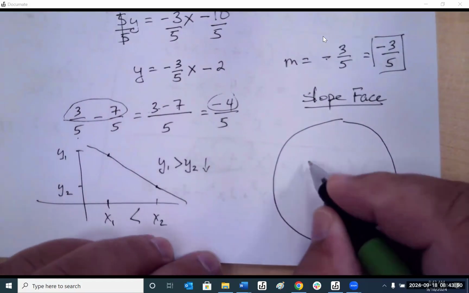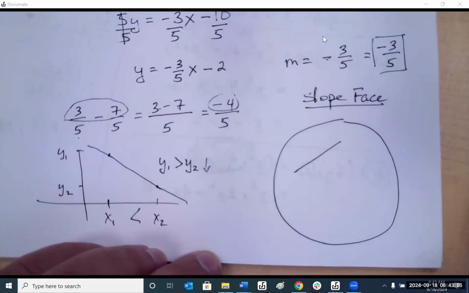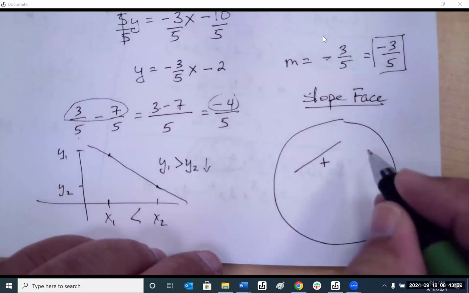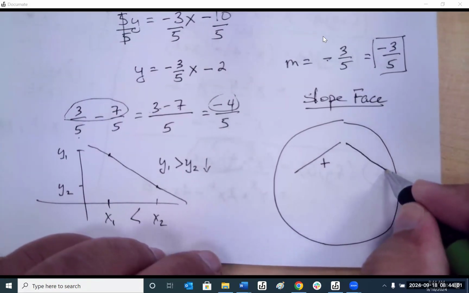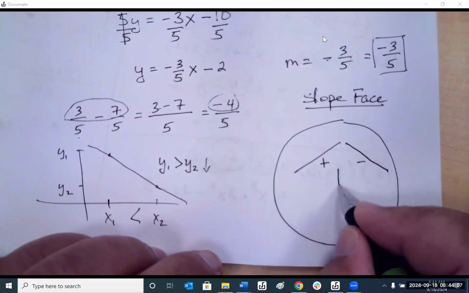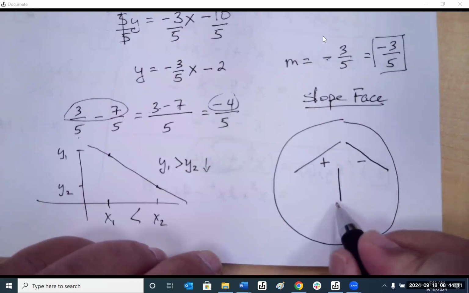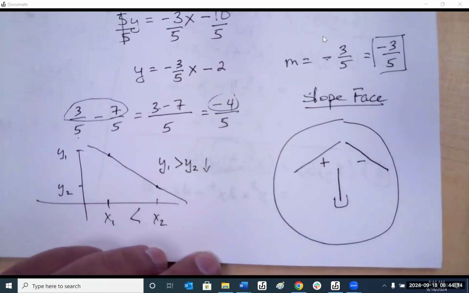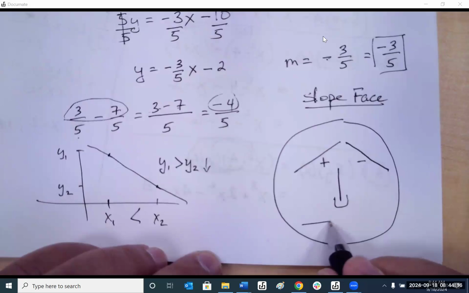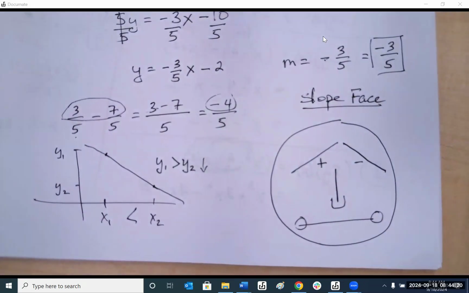If it goes up from left to right, is it positive or negative slope? It's a positive slope. If it goes down from left to right, it's a negative slope. If it goes up and down, it's what kind of slope? Undefined. If it's horizontal, it's 0. So there's slope face.